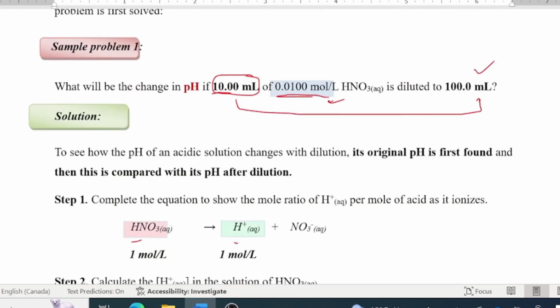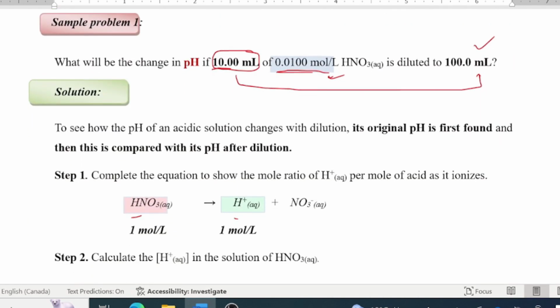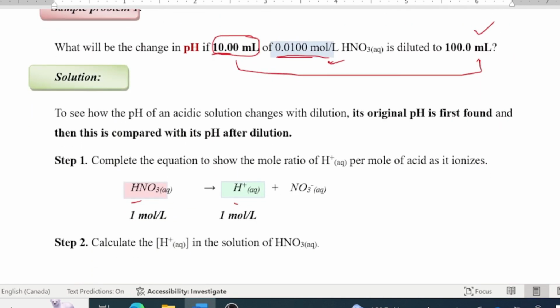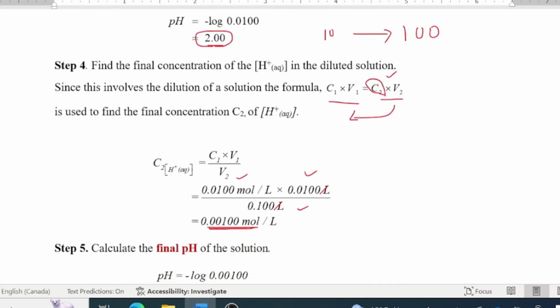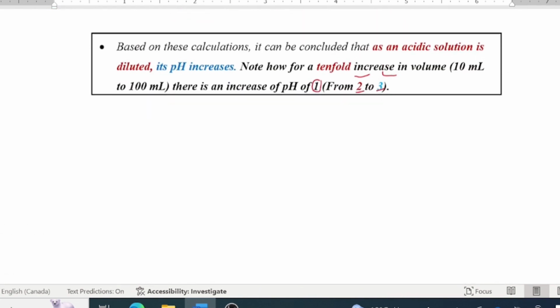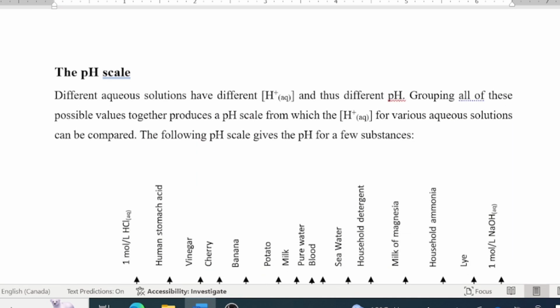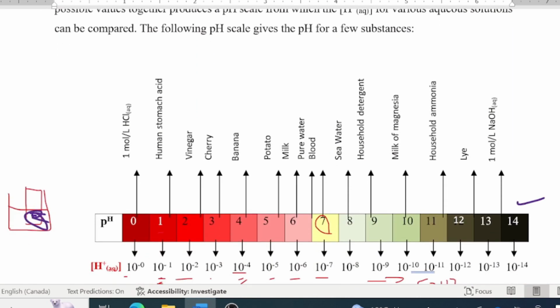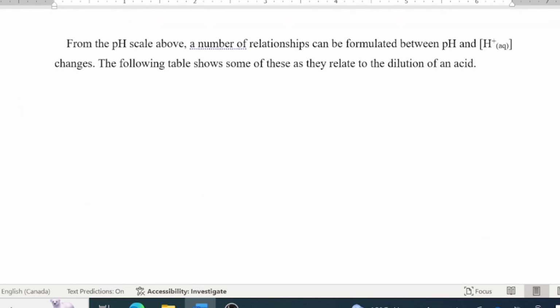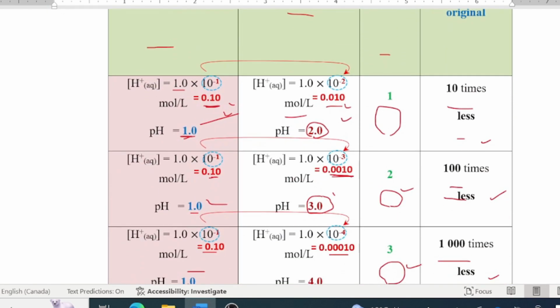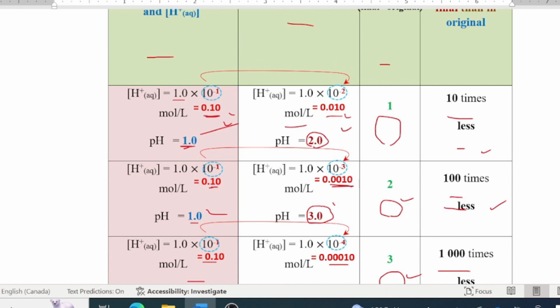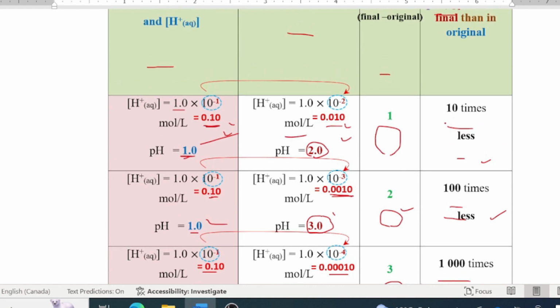pH and dilution. As you dilute an acid, the concentration of the hydrogen gets less. Therefore, the pH increases. I will show you in this table, which shows the pHs of some things, to what degree pH changes depending on the degree of dilution.